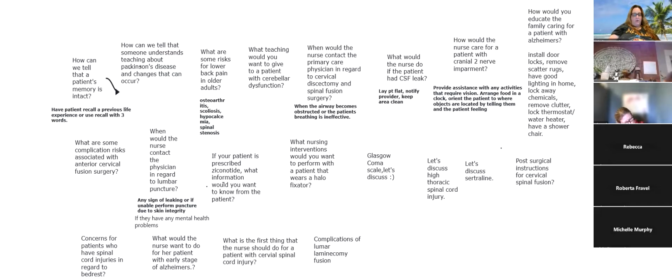So vagal nerve stimulation device. What are some common signs and symptoms of complications of that procedure? Think about where your vagal nerve runs, guys.